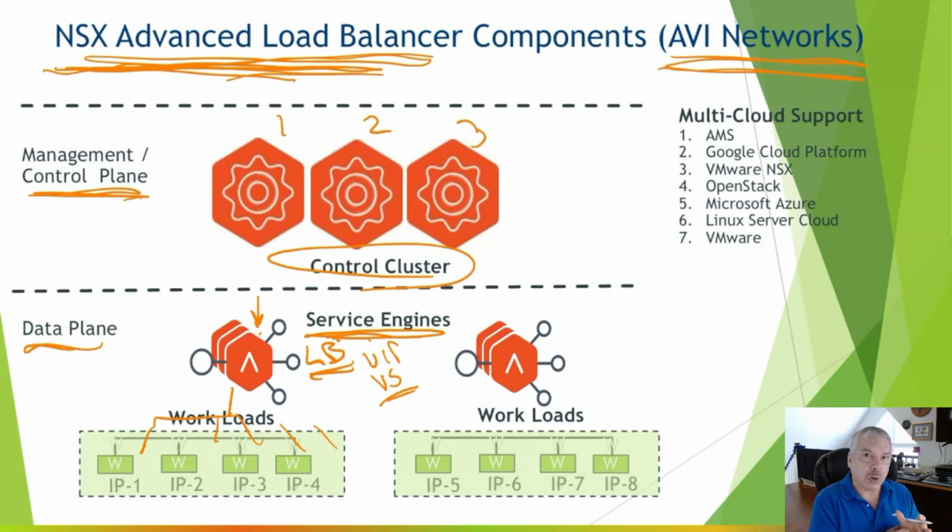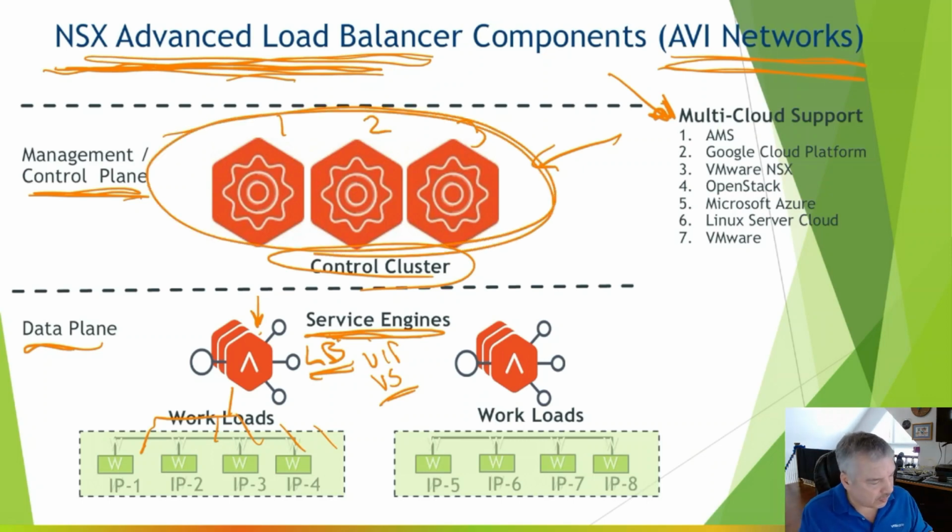Now, I said it's multi-cloud. It's truly multi-cloud. And the reason why I said that is because this could run on an AWS environment. It could run on Azure. It could run on Google. It could run on NSX. It could run on just a VMware environment, OpenStack, and so on. Okay, so what does that mean? That means these VMs here, there are appliances for all these different platforms.